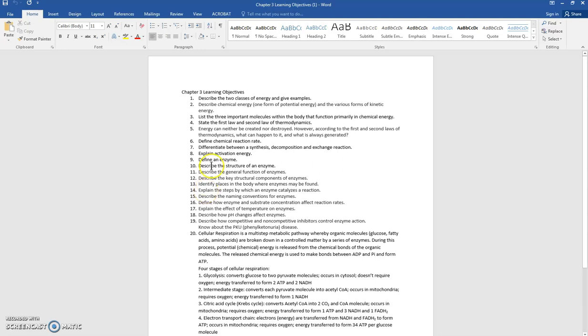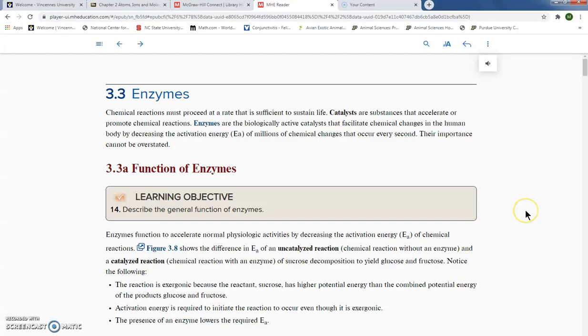That's in these learning objectives right here in the center. So, alright, we're going to go to our textbook and look at the definition again of enzymes, just to remind everyone that an enzyme is the molecule that's going to catalyze chemical reactions.